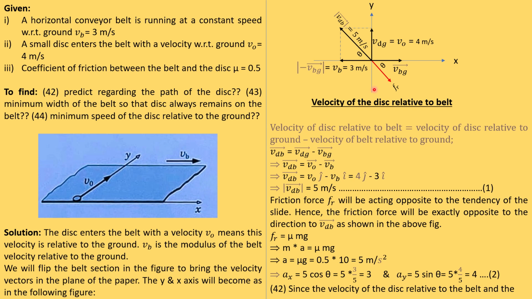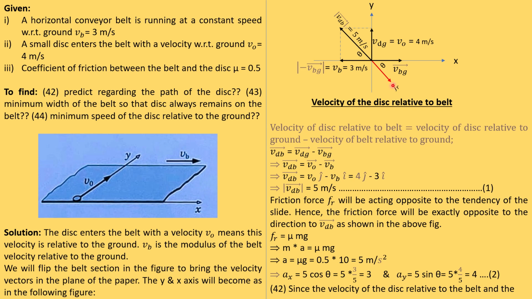Now if we want to find out the magnitude of friction force, we can write Fr is equal to mu mg. Mu is the coefficient of friction, and mg will be the normal reaction on the disk because it is not going out of the plane.